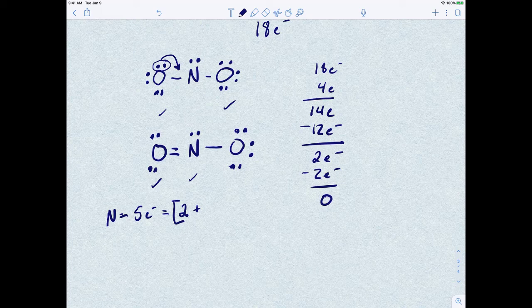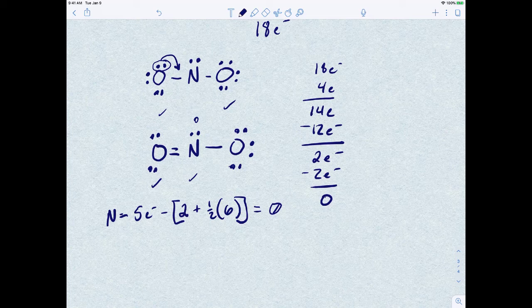Now it has 6 electrons that are in bonds, so I'm going to take half of 6. Half of 6 gives us 3. That's not an equal sign, that's a minus. So half of 6 would be 3. 3 plus 2 gives you 5. 5 minus 5 gives you 0. So the charge on nitrogen is a 0.